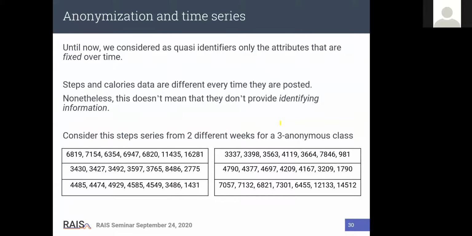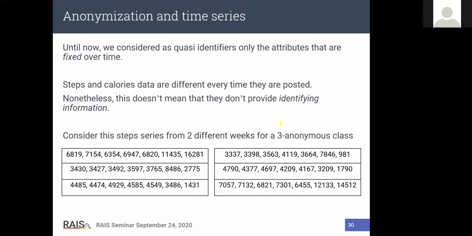Okay, so until now, in the previous examples that I gave you, we considered only the quasi-identifiers as the attributes that were fixed in time, like age, sex, and the other fixed attributes, height, weight.